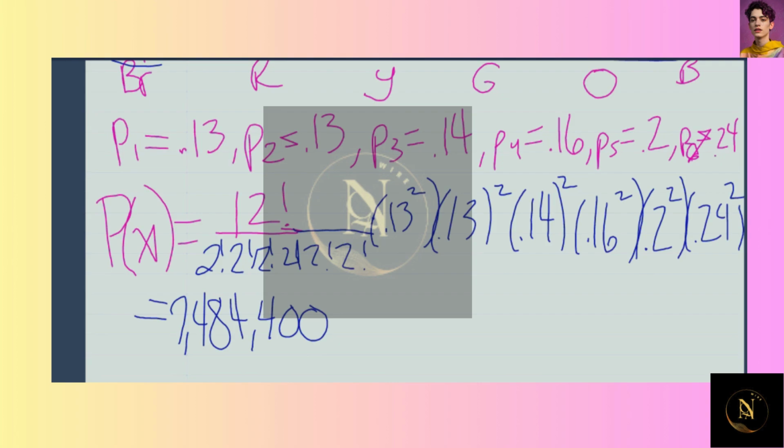And then you're just going to multiply all of this with the 0.13 squared and all that. So you're going to take your answer and multiply by 0.13 squared times 0.13 squared times 0.14 squared times 0.16 squared times 0.2 squared times 0.24 squared.